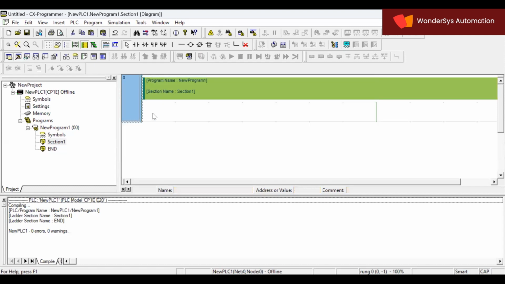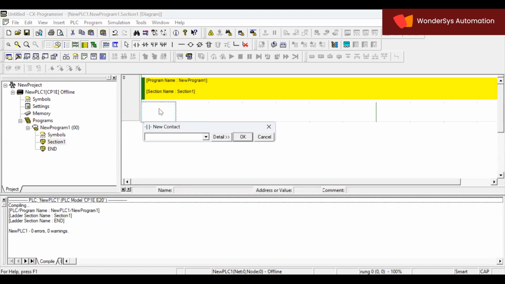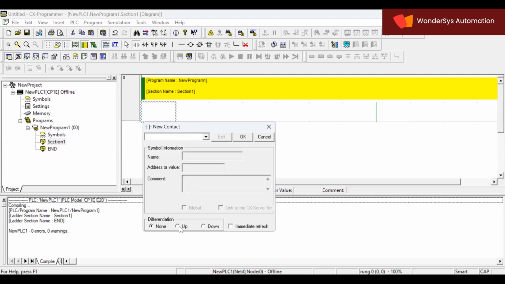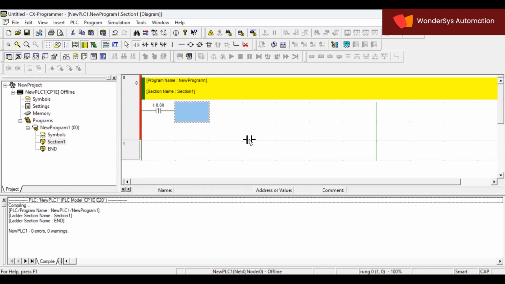Now, Radhakrishna, what you will be doing whenever I explain? Every time you'll ask for repetition. Now see, whenever you select this, go to details. Here there is a differentiation option. Select up or down. First, give the input address. Then select the up. Then give OK.